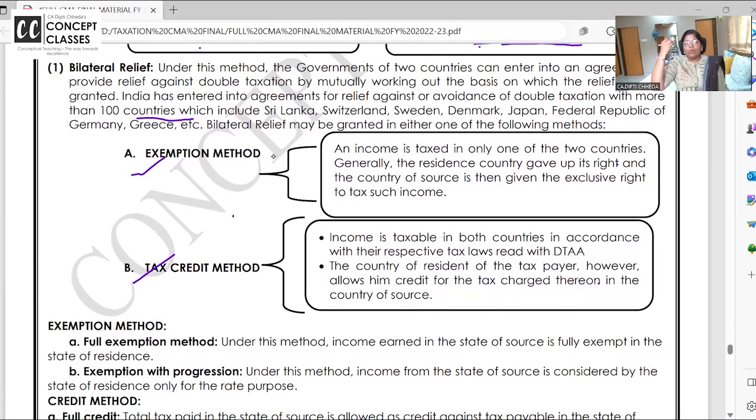Exemption: who will give up in the exemption cases? Generally, the source country is given the exclusive right to tax.